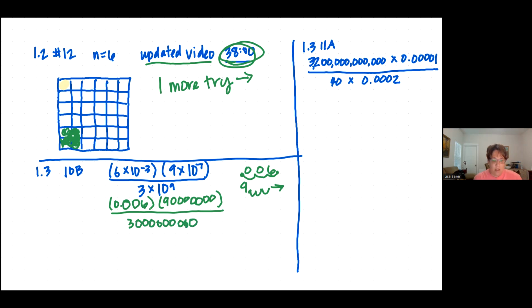Now I'm going to try to share my screen. Sharing your screen will close the whiteboard for everyone. So I'm going to share my screen and then pull up my calculator.